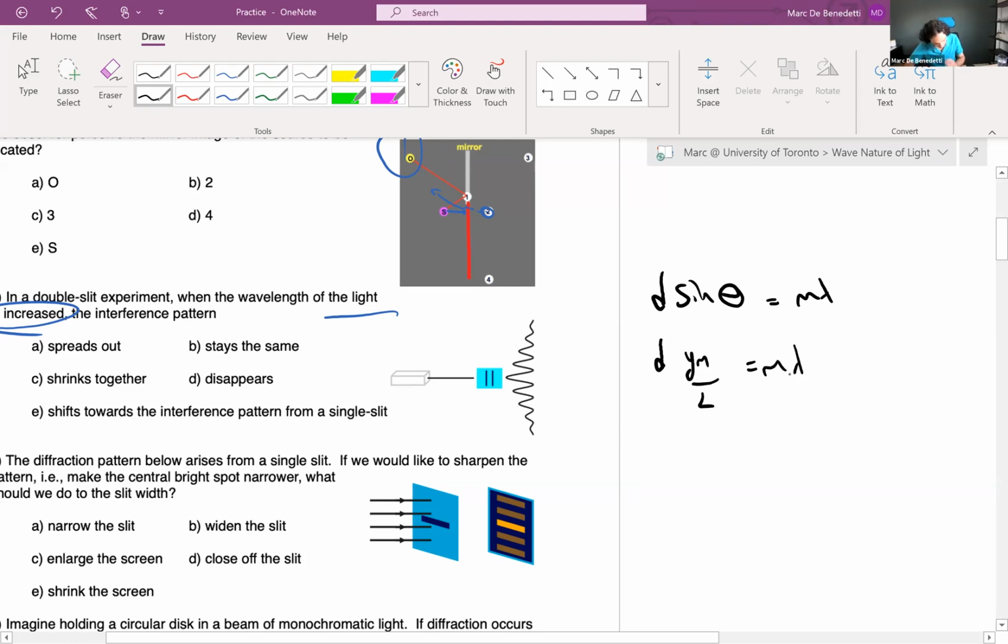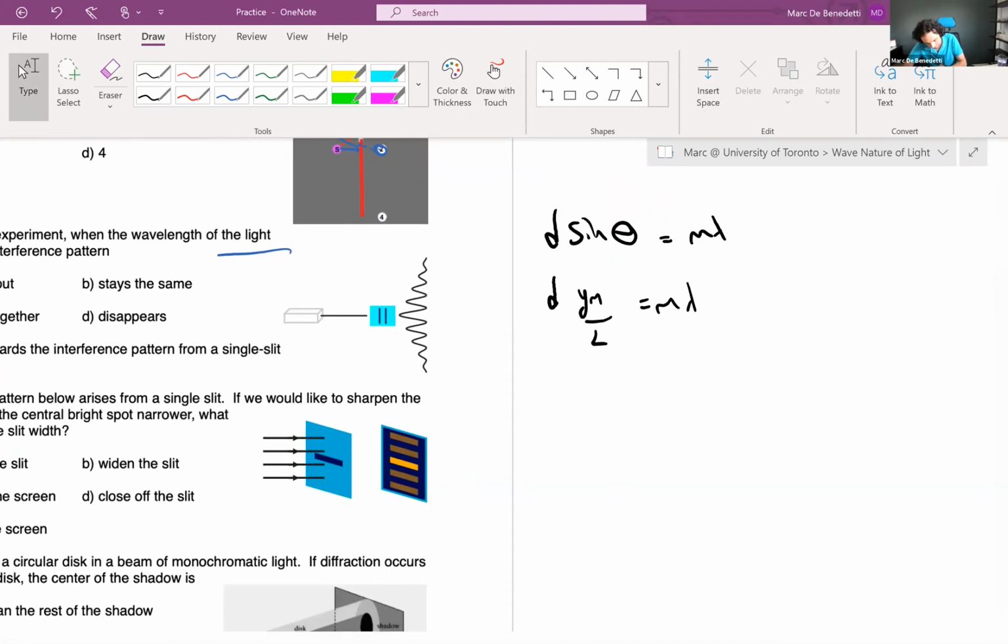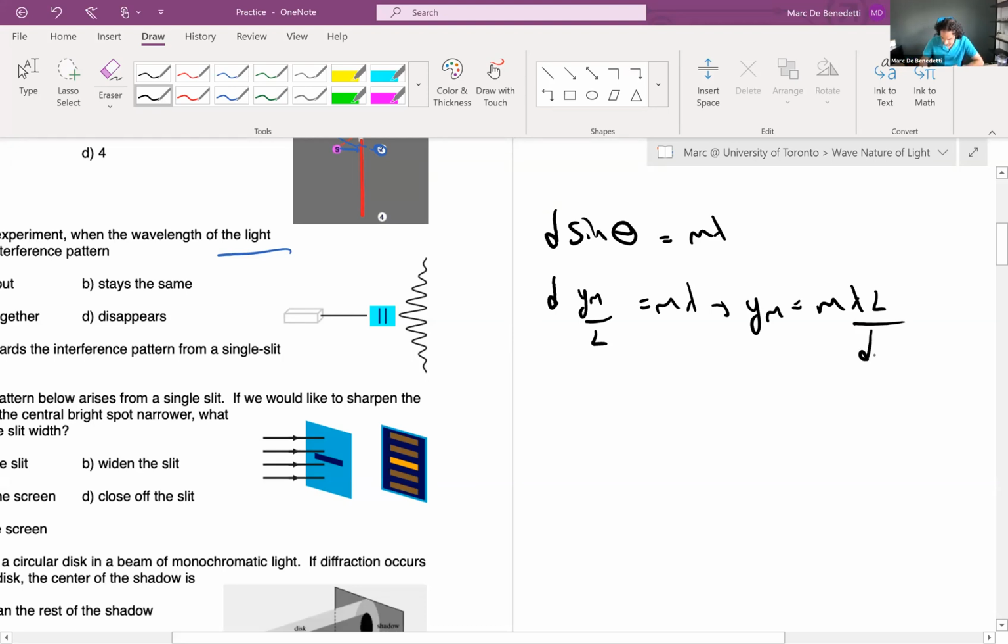Kelly says shrink. So we'll keep going for a second. If we're solving for y_m, it is going to be m lambda L over d. So here is the equation that we're looking for.